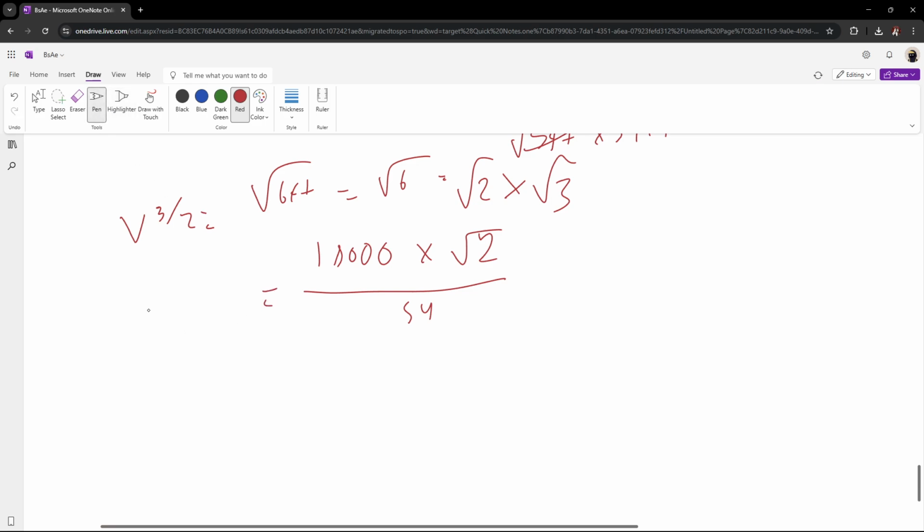Now this would be V2 to the 3 over 2. 3 over 2, 2 over 3, cancel.